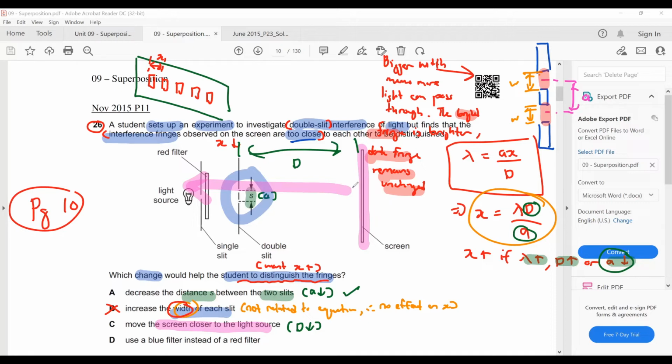So when you move the screen closer to the light source, you're actually indirectly reducing D. But here you want D to increase. So this is not what you want.